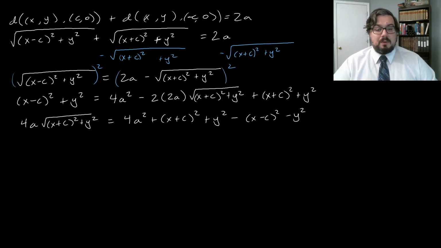Now before we go on any further, we do want to cancel out things that we can. Notice that we've got a y squared and a negative y squared here.